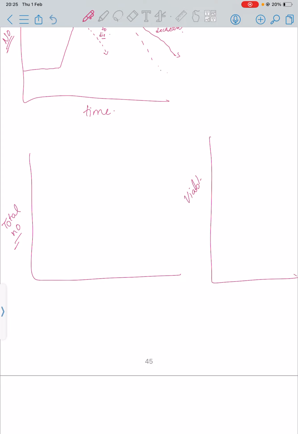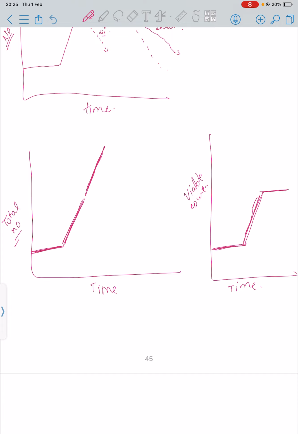So I'll draw two graphs now. This is the total number of bacteria. This is the viable number or viable count of bacteria. And this is time. So initially, in both the scenarios, lag phase, then log phase, then total count increases. But in case of viable count, it is constant and then it declines.